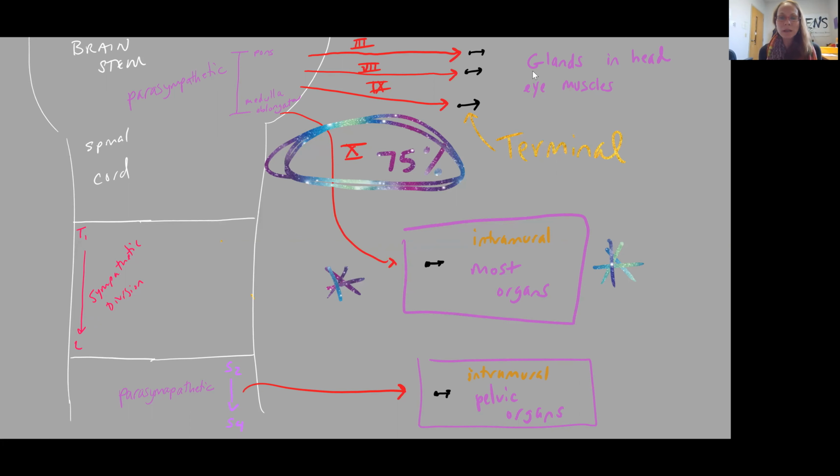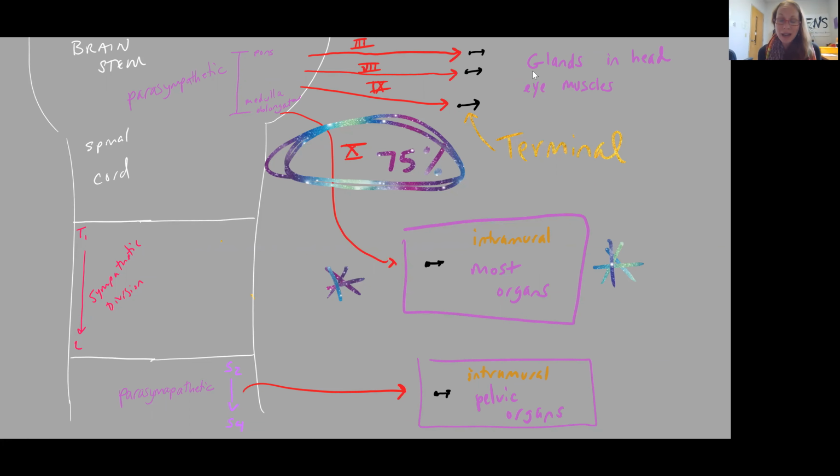Now, those preganglionic fibers that make up nerve 3, 7, and 9, you see that they are synapsing onto ganglionic neurons, which are located close to glands in the head or eye muscles. And so those would be our examples of our terminal ganglia.